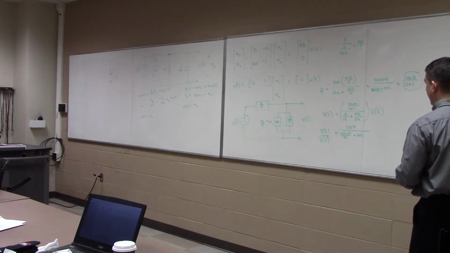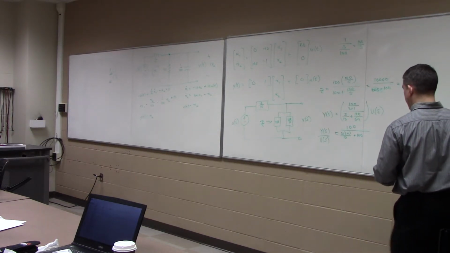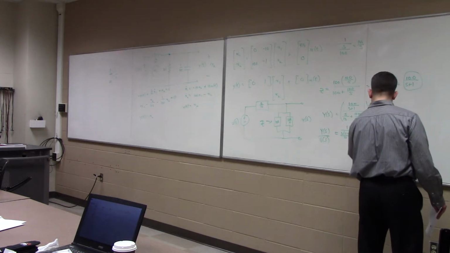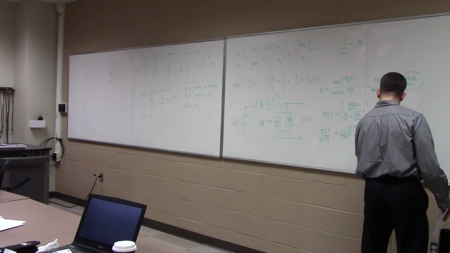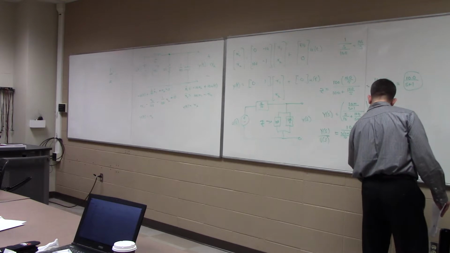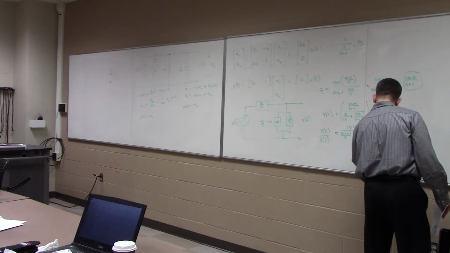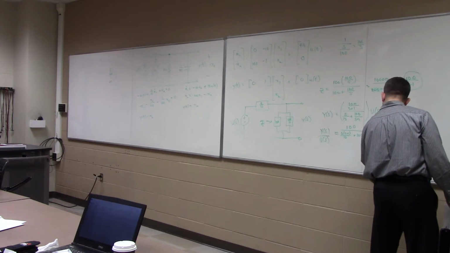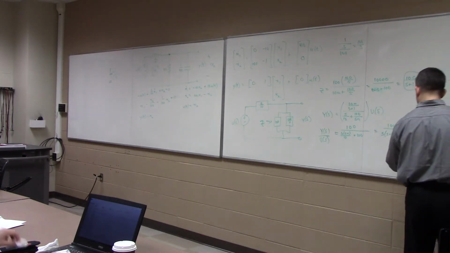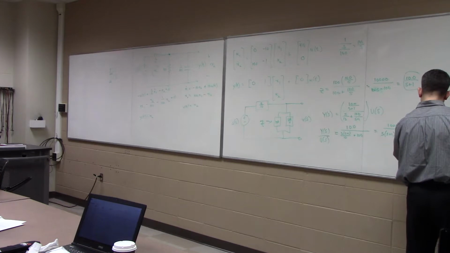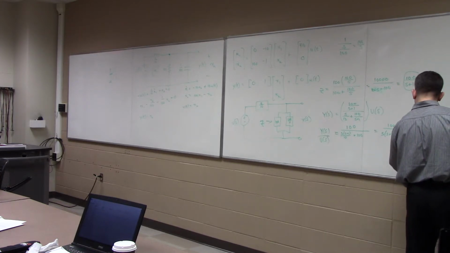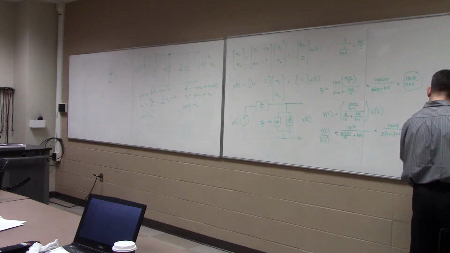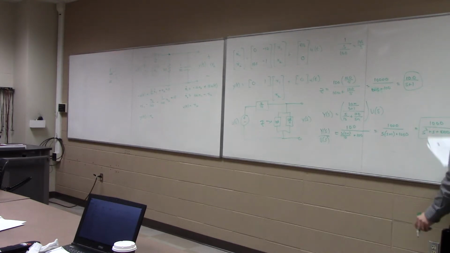Get something that looks like that. And then let's multiply everything through by 10 over 10. And then if I simplify, I get 1,000. That should be my answer.